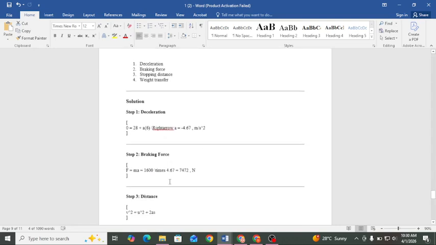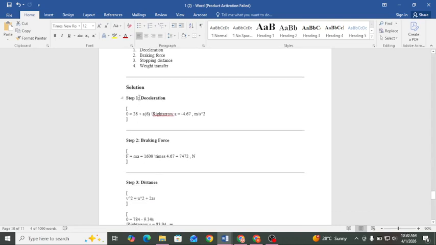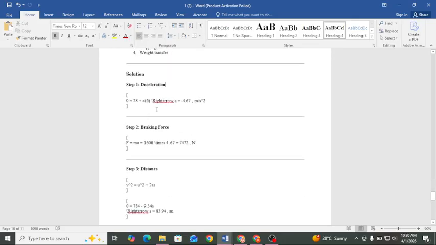So first we calculate the deceleration: v is equal to u plus at, calculated with the help of all the given values. We get the acceleration as a minus value, so the deceleration is minus 4.67 meters per second squared, and the braking force is mass into acceleration, which is 7,474.